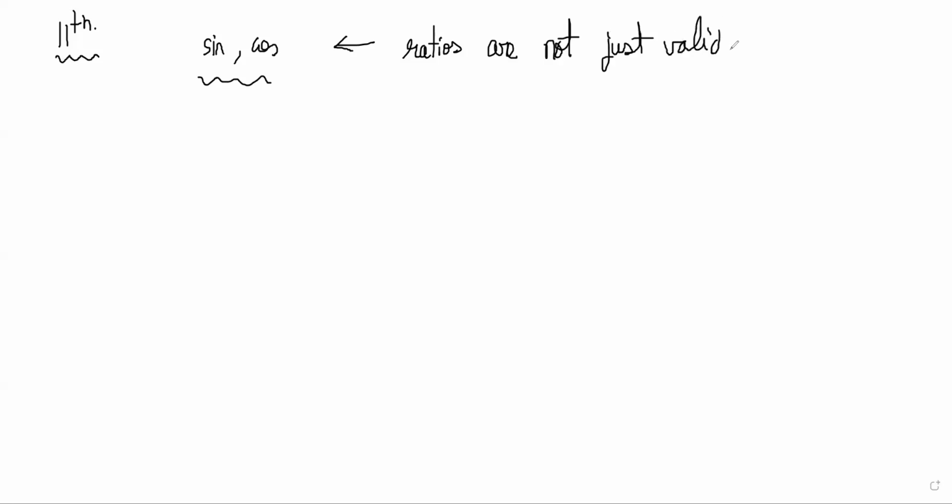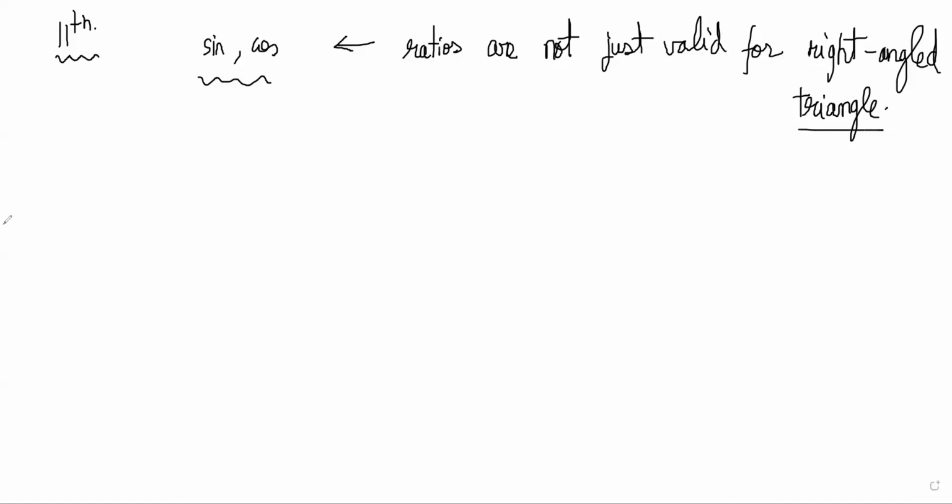So you should realize that sine and cos ratios are not just valid for angles in a right angle triangle. Actually, it is a far more general concept, and what we want to learn is how to figure out what is sine theta, where the theta angle can be anything from 0 degree to 360 degrees. Okay.